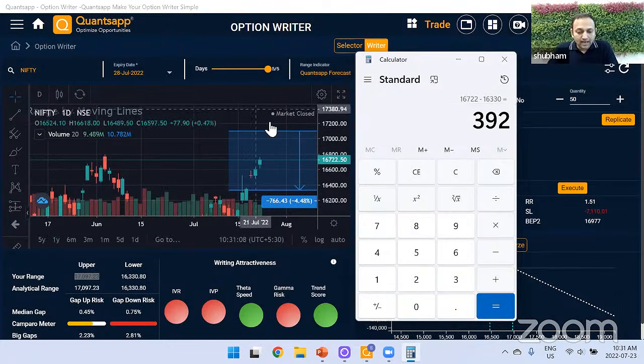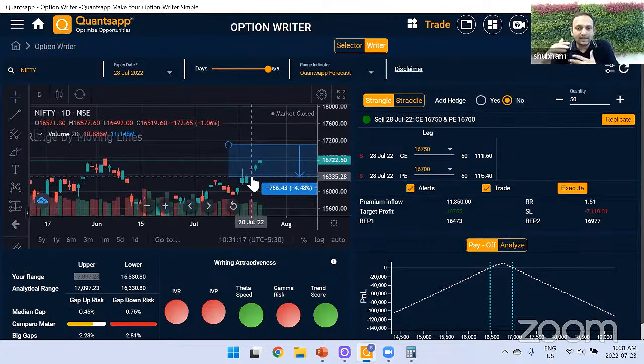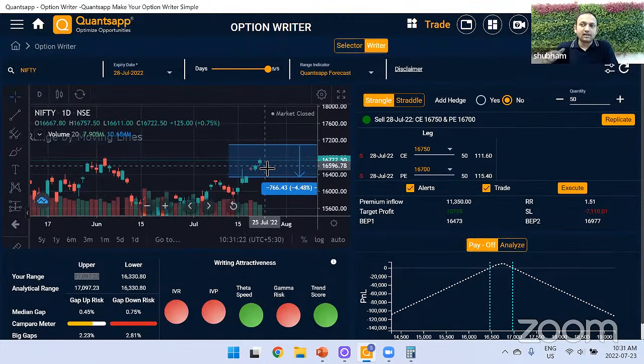And if you do that, historically we have seen that if we incorporate the trend inside the forecasting of the range, then the strike rate changes. If you just go and sell randomly, you have a strike rate of 66%. But if you use Quantsapp Forecast, the algorithm that we have, this is not a new algorithm.